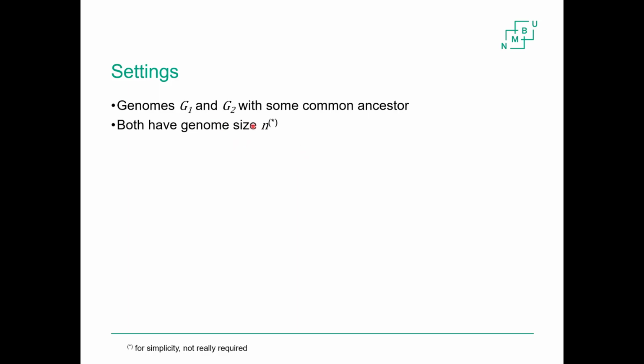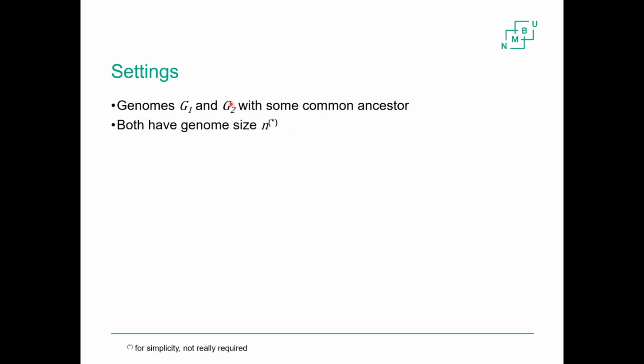We also assume here now that both genomes are of the same size. And this is not really a requirement. You can see my footnote here. They can easily be of different size. The only reason we have a common n here now is to make things simpler in the formulas.